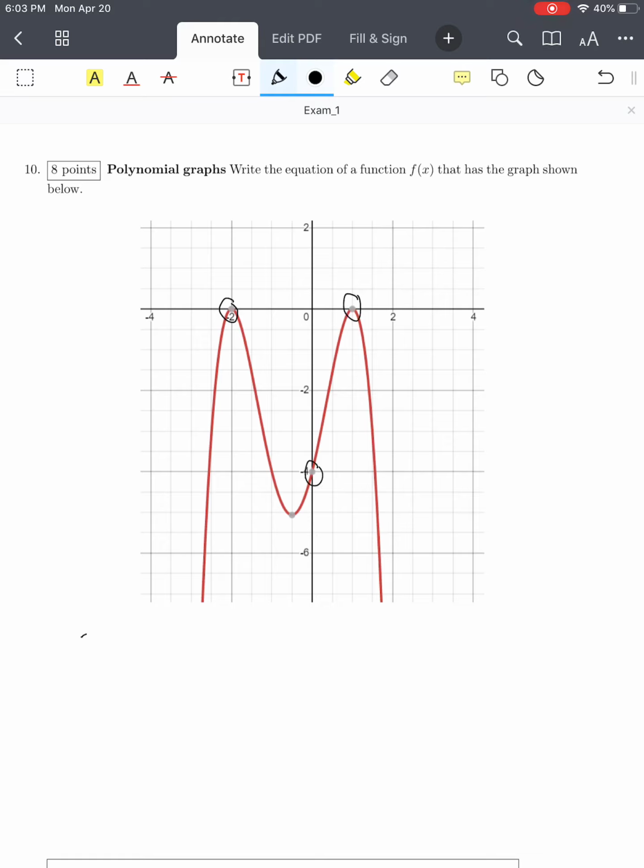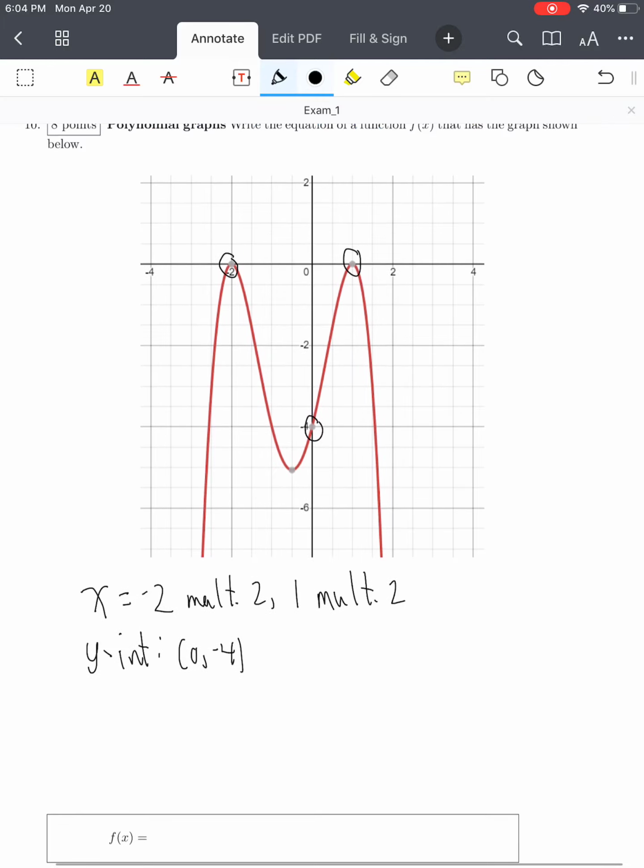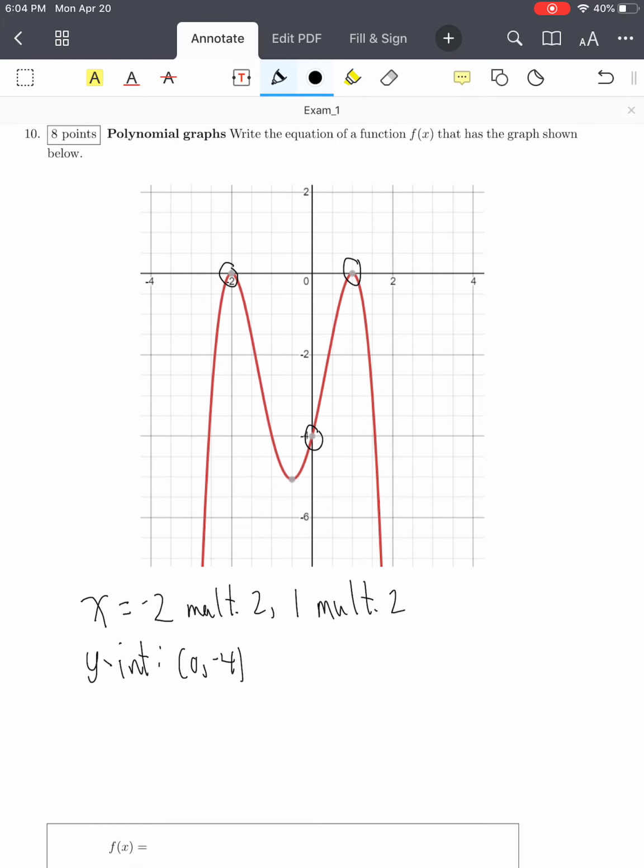So we have x equals -2 with multiplicity 2 and 1 with multiplicity 2. And the y-intercept is the point 0, -4. Okay, so we're going to put this together as our guess.